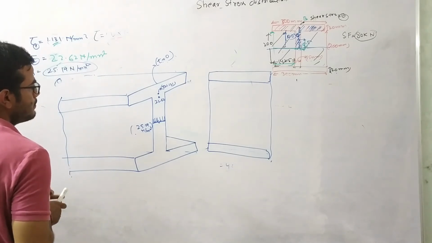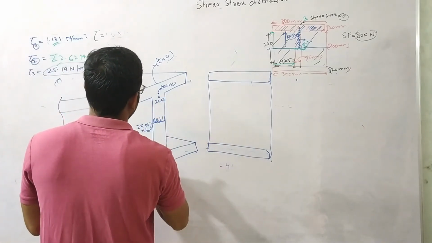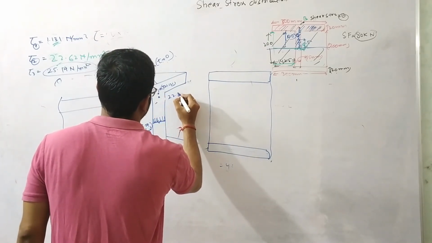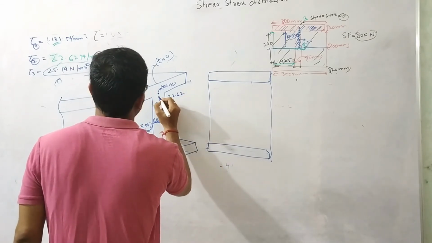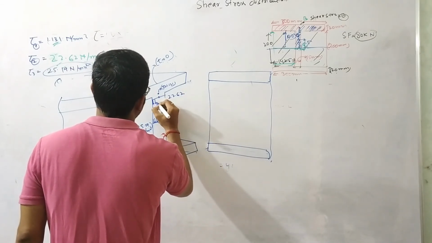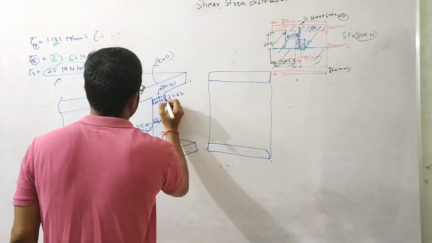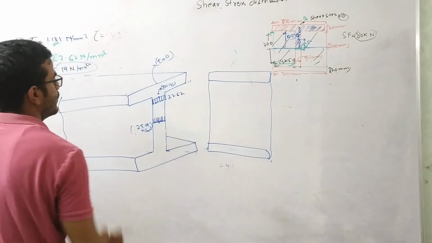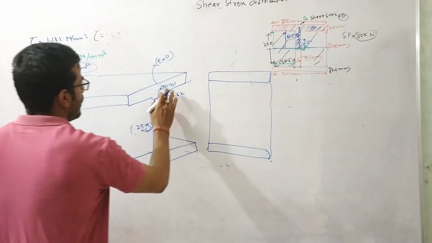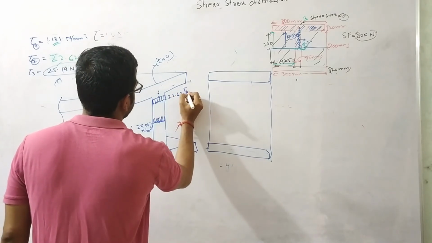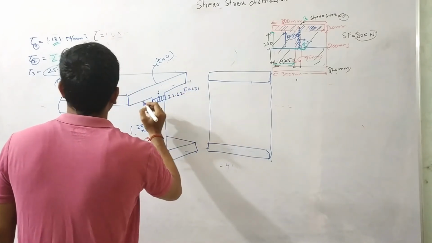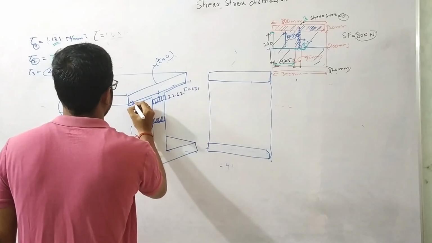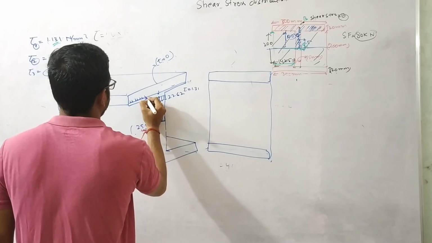At this level also, the shear stress will be in the downward direction. This is the vertical shear stress value. At this level, this magnitude will be less as compared to this, and at this point, tau equals 1.131, the shear stress will be of very little amount.